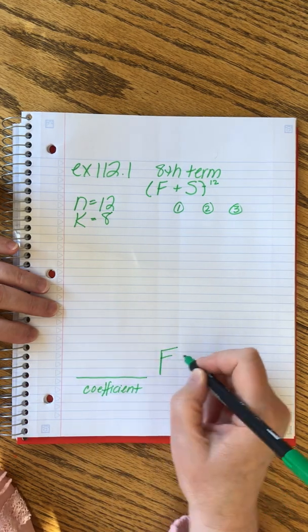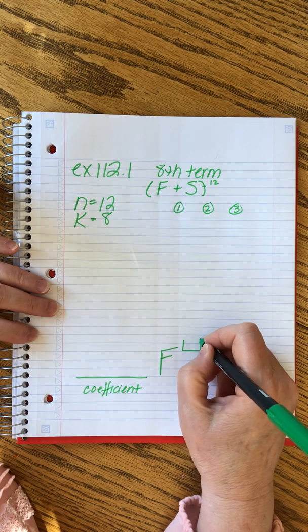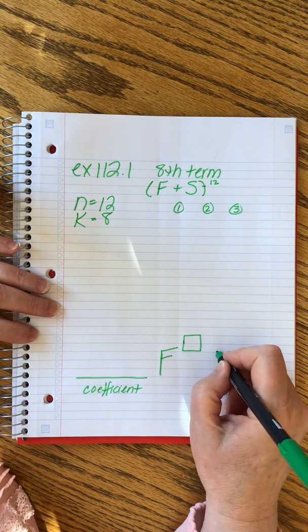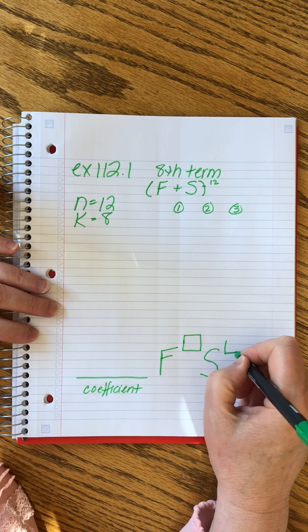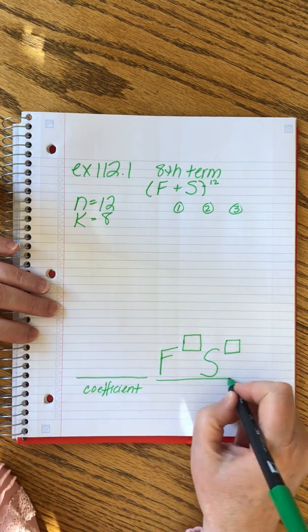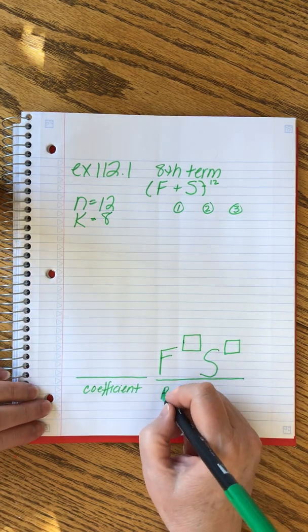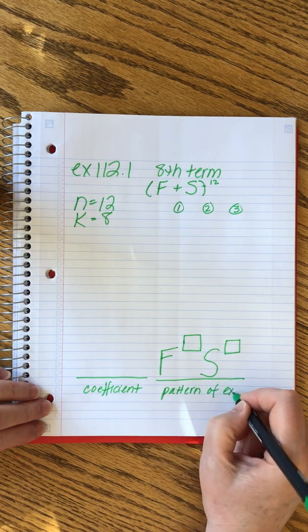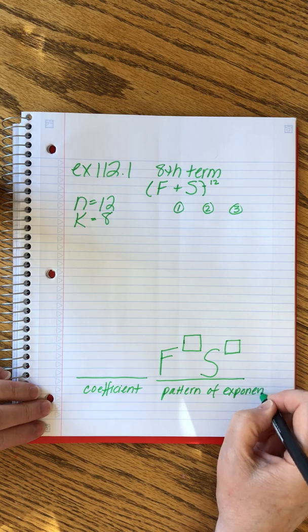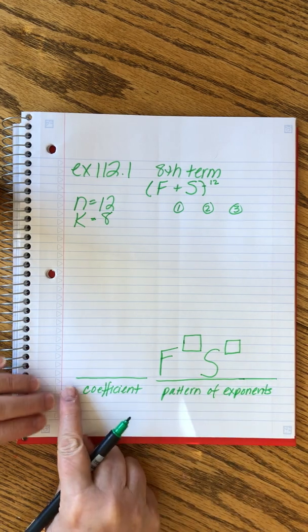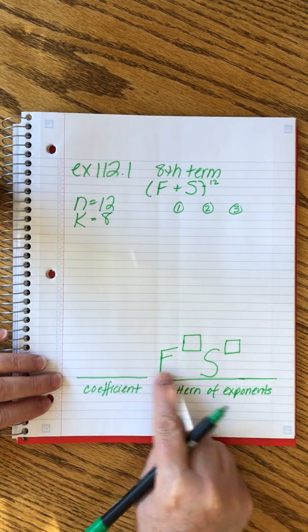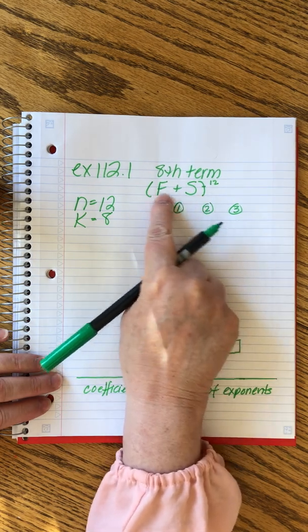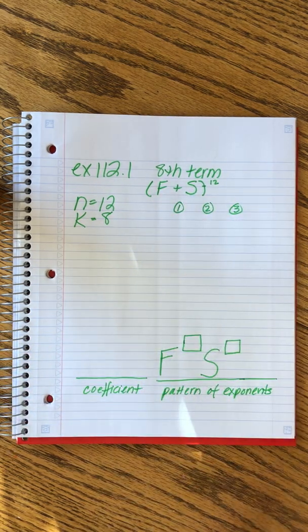We're going to have f to a power, and then we're going to have s to a power. This is what we used to get from what we call the pattern of exponents. Okay, so this is the way we want our answer to look. A coefficient and then 2 exponents on the f and the s. We don't have to worry about more complicated terms there. This problem is easy.